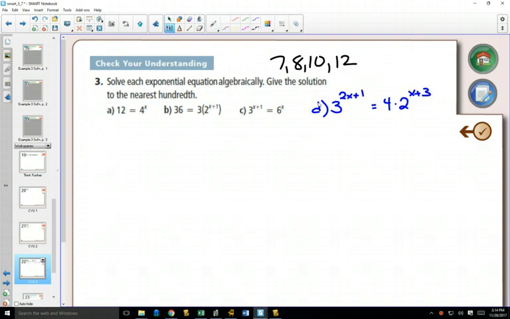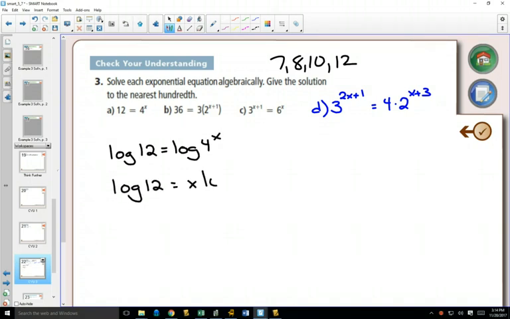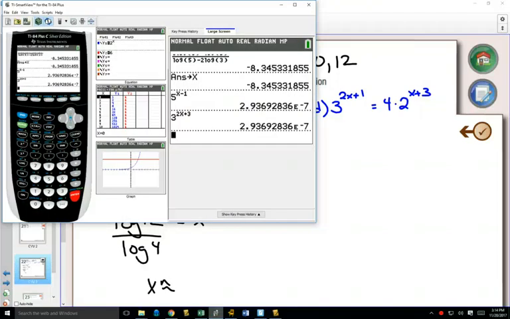So the first one is very nice, very straightforward. You could take the log of both sides and now use your log law to bring that x out in front. Type that into our calculator, log 12 divided by log 4.